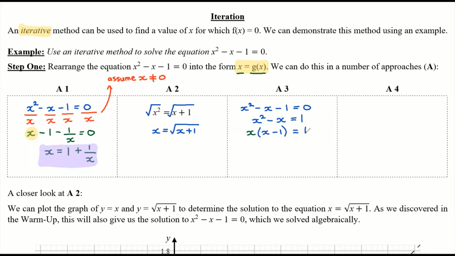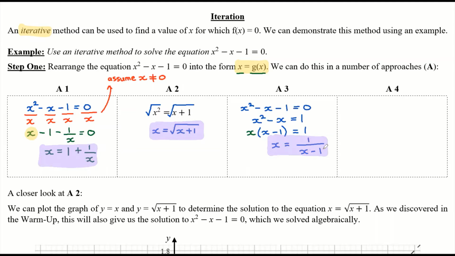When I do that, I can divide through by x subtract 1, and I'm going to get this. So we now have 2 more equations: this one, which is A2, and A3, which is x is equal to 1 over x subtract 1. And notice they're all unique.